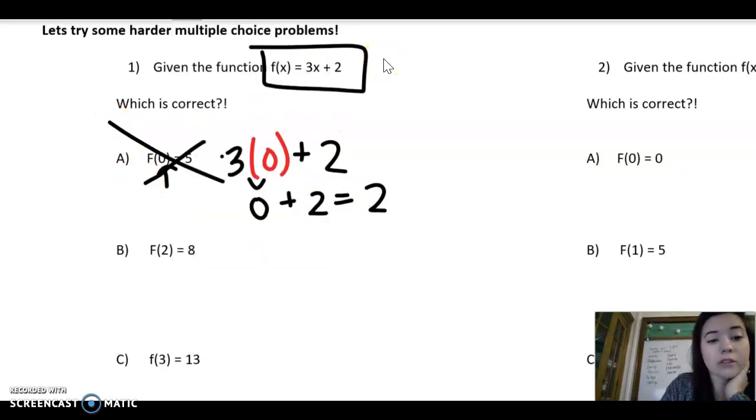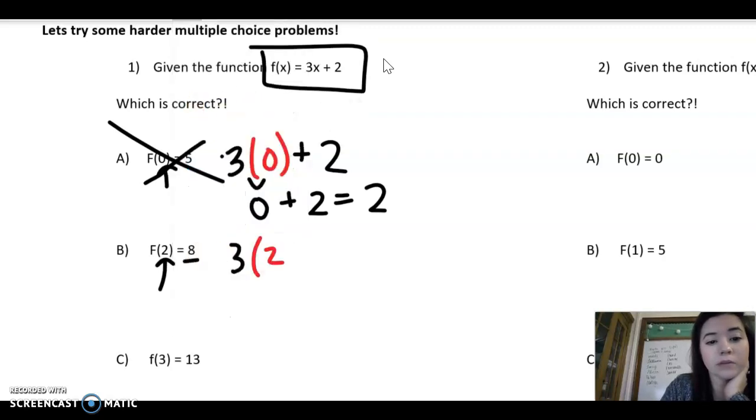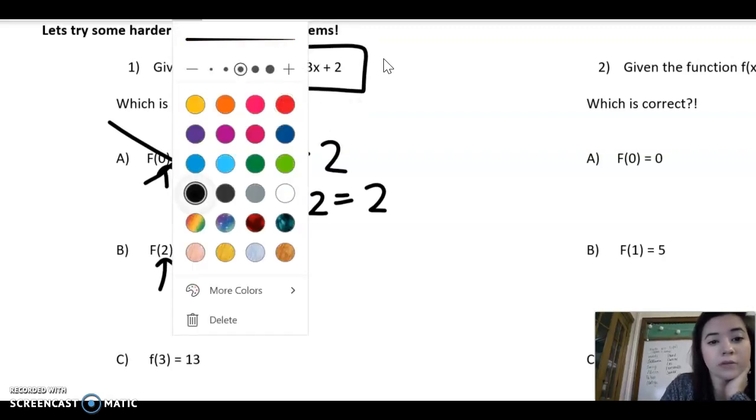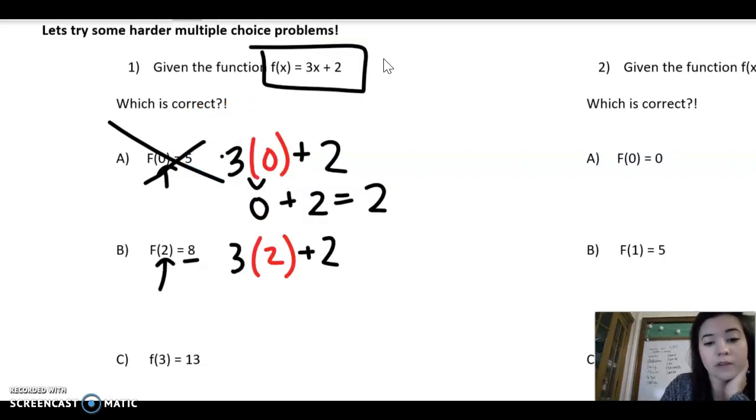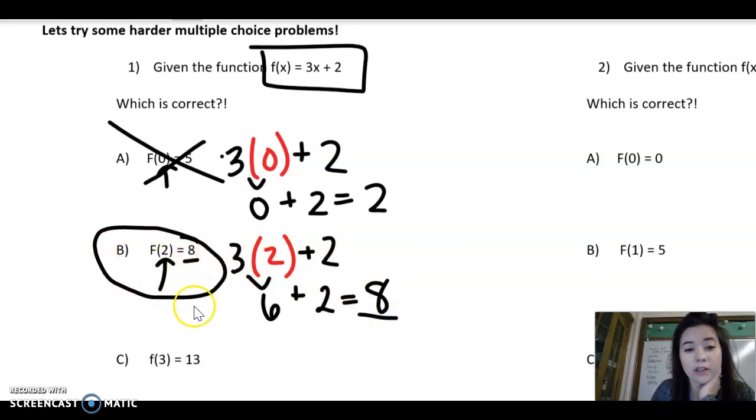So now I'm going to use the next one, and I'm going to plug in 2 and see if I get out an 8. And I get 6 plus 2, and that does equal 8. So when we plug 2 into my equation, my function gives me an 8. So this one is correct.